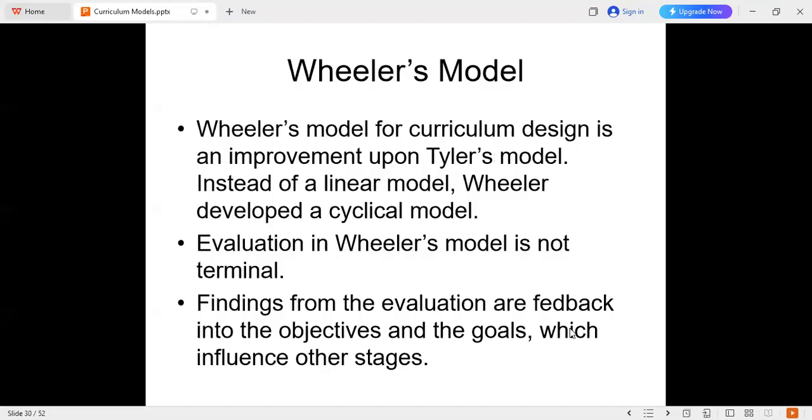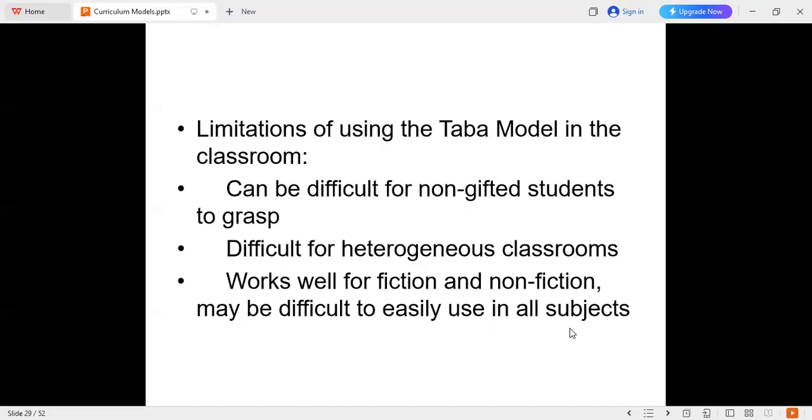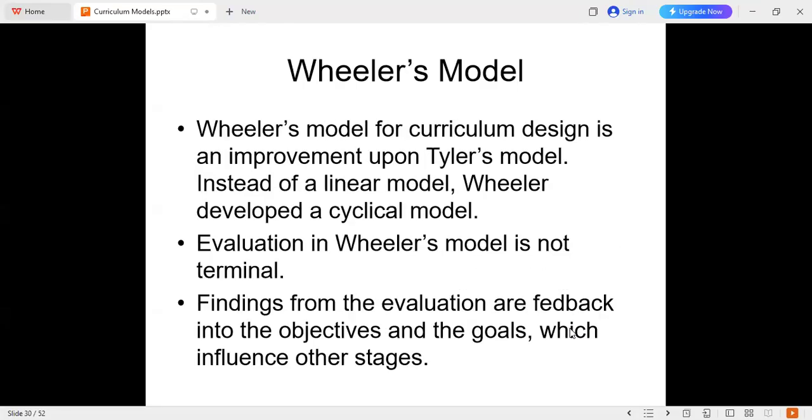Right. The second model we studied, you can ask any question related to the second model.